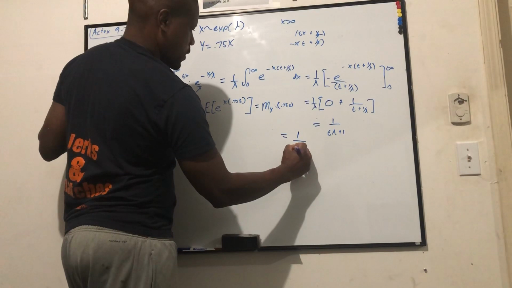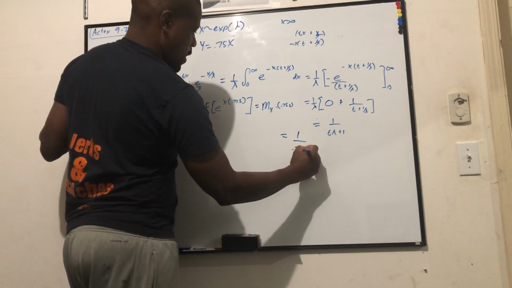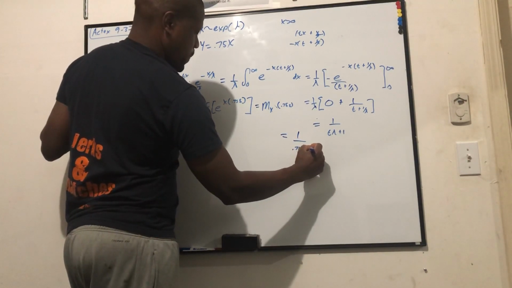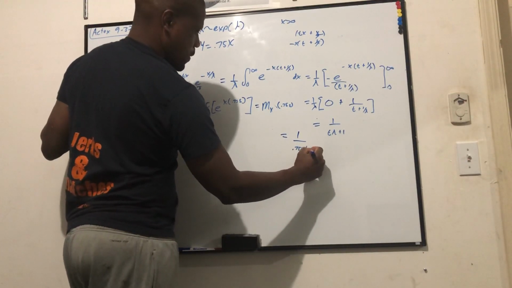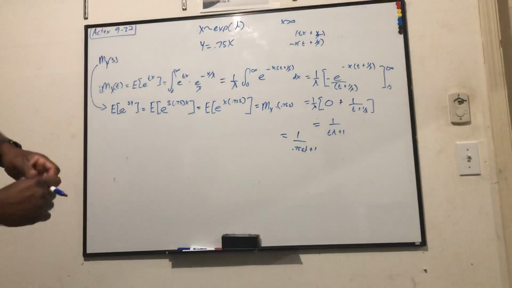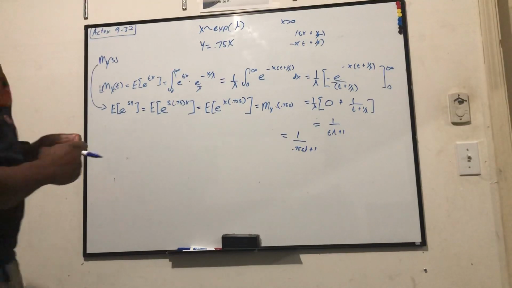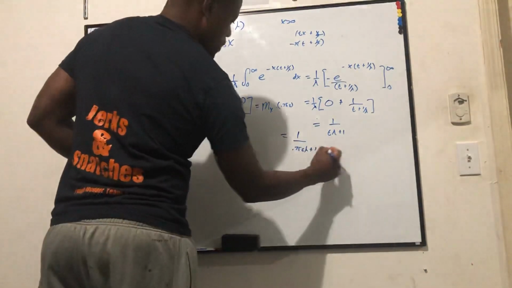So then it'll be 0.75 s plus 1 over lambda, which is t.